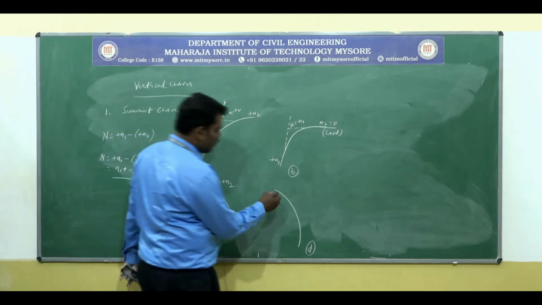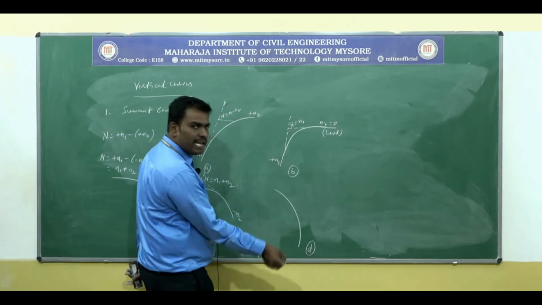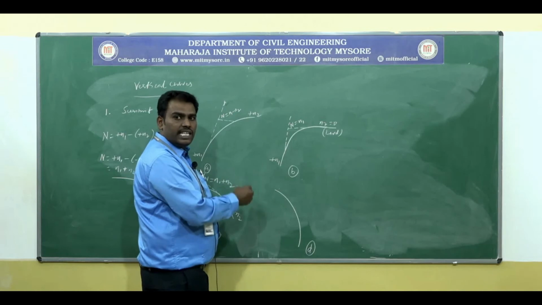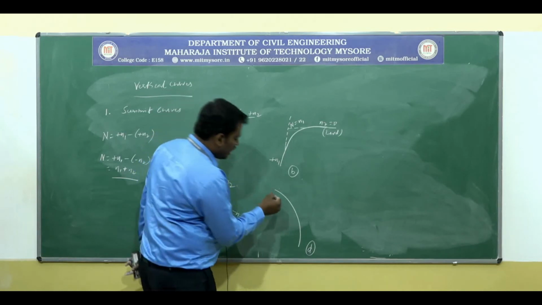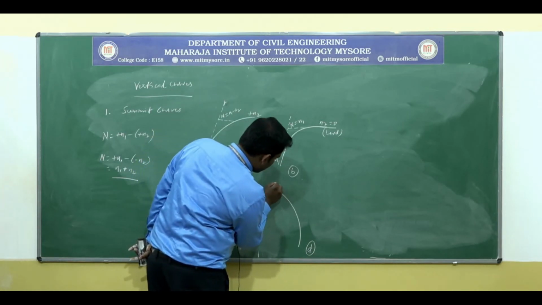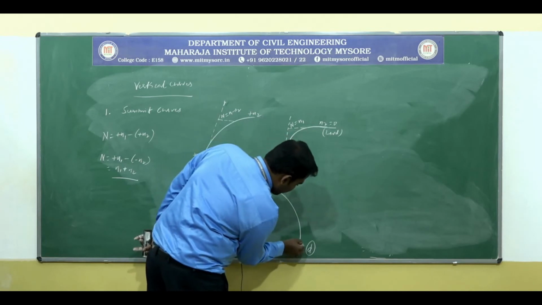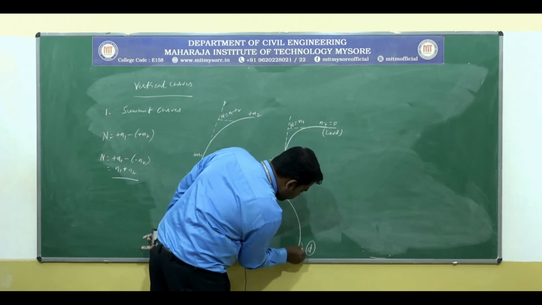And the fourth case is a downward gradient followed by a downward gradient, that is a descending gradient followed by a descending gradient, that is minus n1 followed by minus n2.